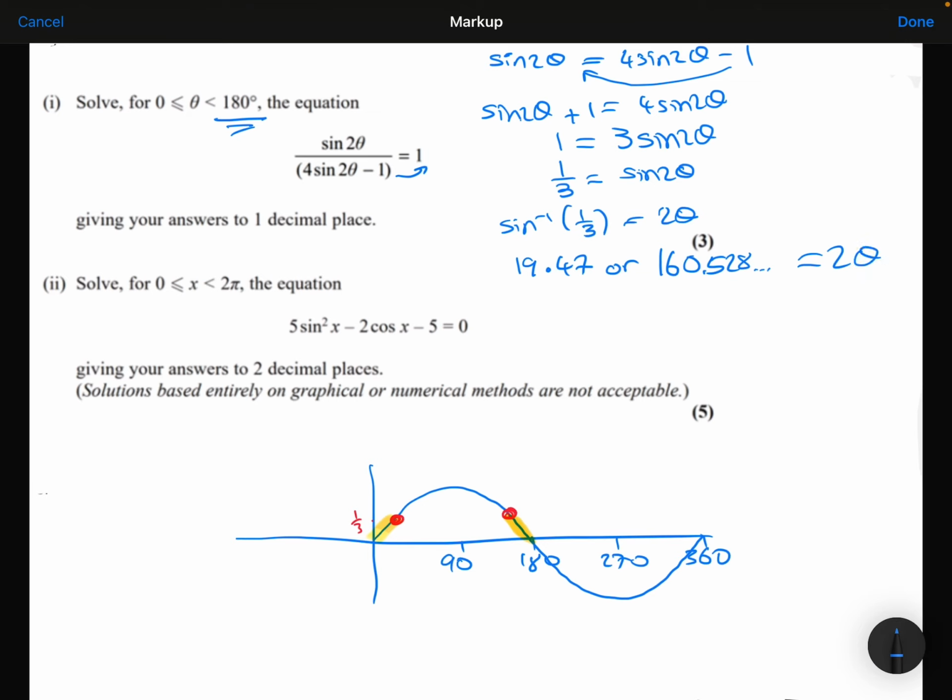So these are two answers that can give me 2 theta. I'm now going to divide both of those by 2, and I'll get 9.7 or 80.3. And those are my 2 answers for theta.